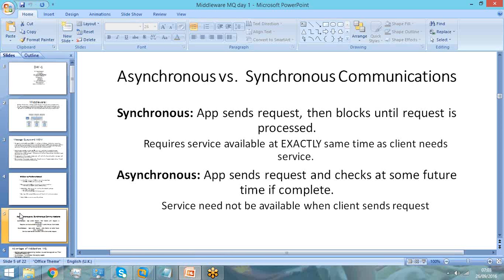Yeah, a little bit of confusion in both synchronous and asynchronous. Synchronous way, in a real-time example: you are going to a bank to deposit some amount.